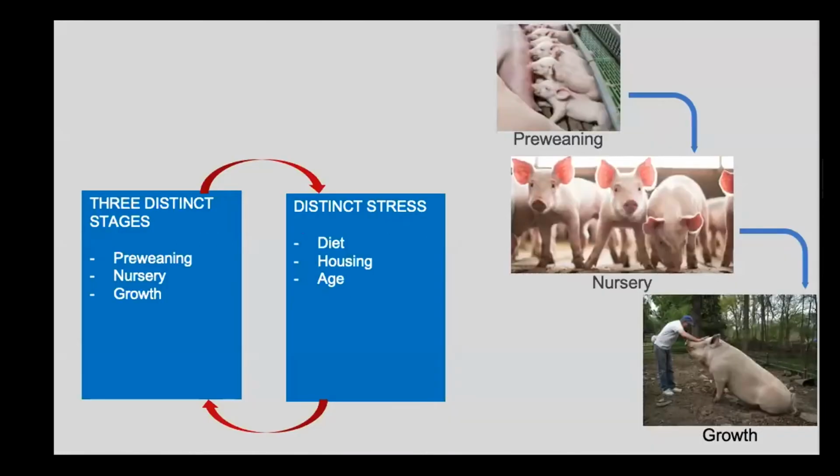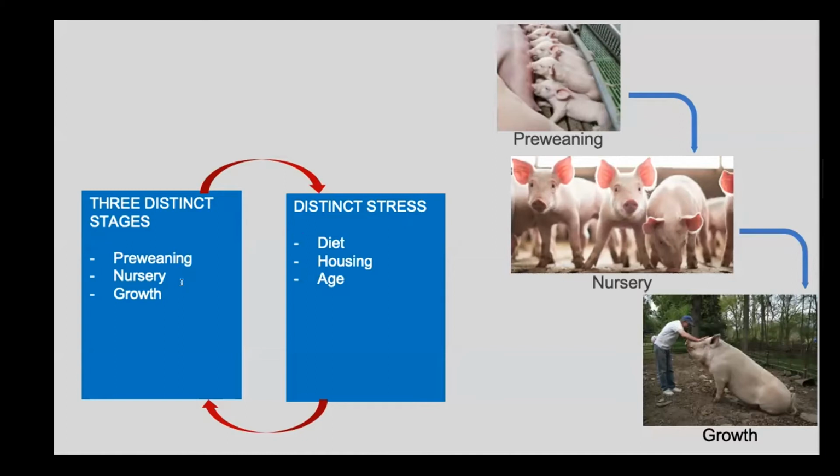So today I'm just going to talk about the project that was started from the funding, benefiting from the funding from GFS, and it was looking at the microbiomes in the lifetime of the swine. There are 3 distinct stages in the pig: the pre-weaning stage, the nursery stage, and the growth stage.